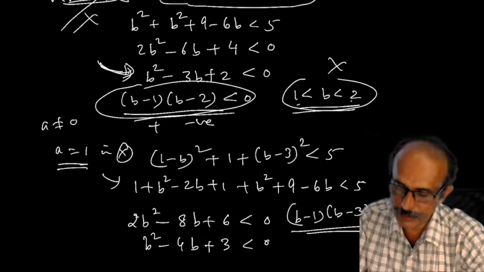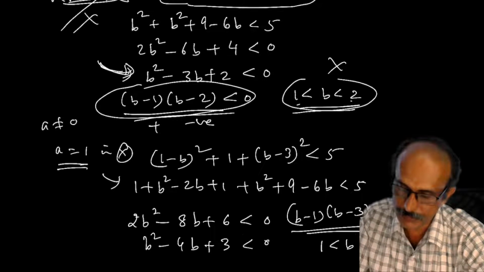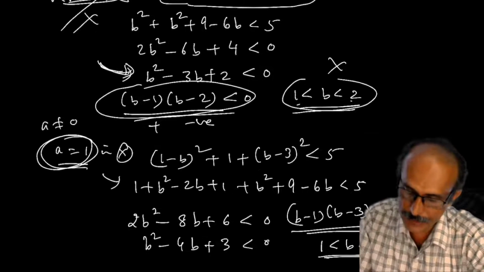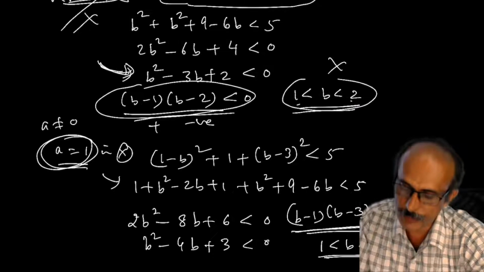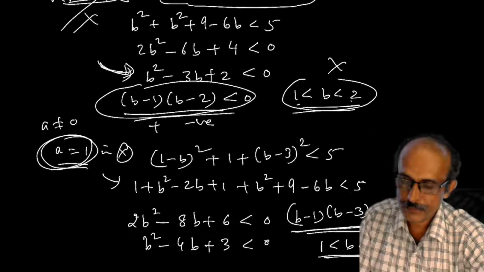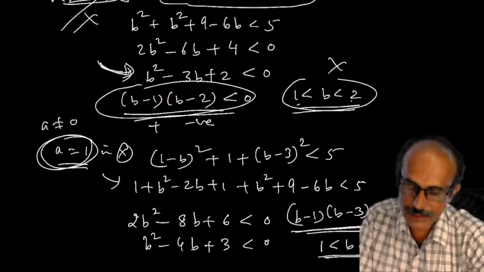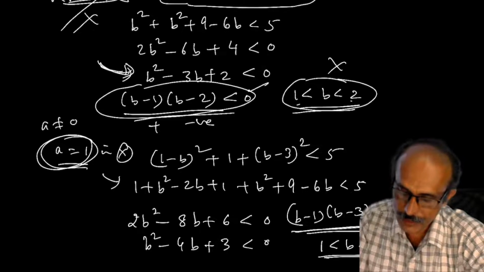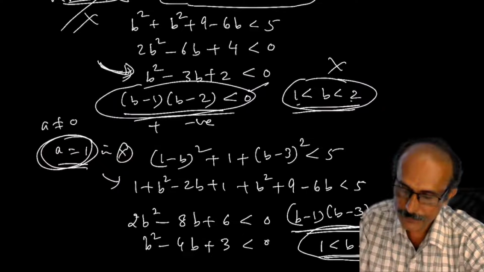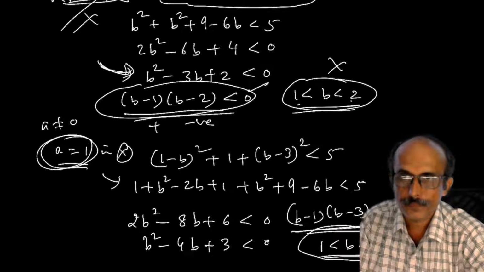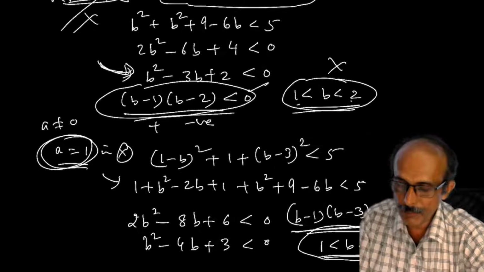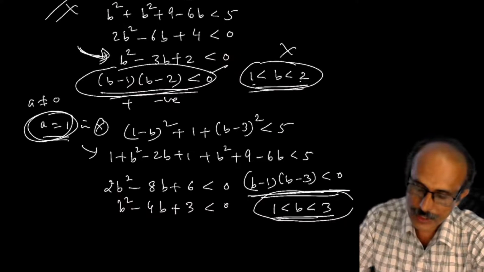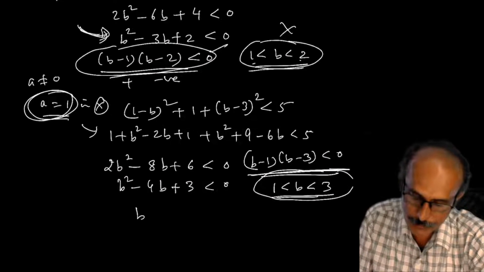And that is possible if b is between 1 and 3. So if a equal to 1, I am getting that b has to be between 1 and 3. Just like in the earlier case we got 1 less than b less than 2, here we have 1 less than b less than 3. That means b should be equal to 2. Yes, so b has to be equal to 2.